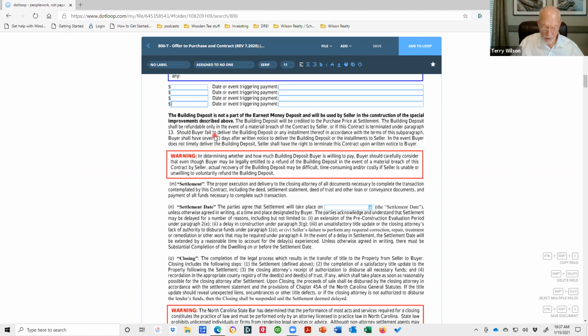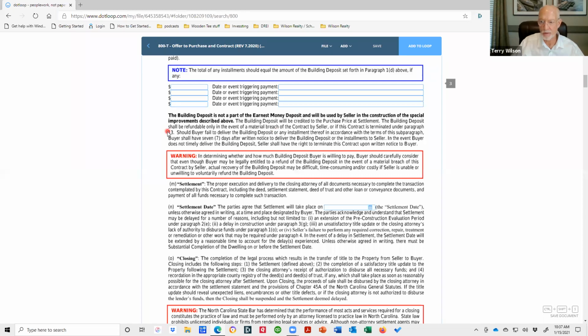Paragraph 13 is discussing the risk of loss. And the risk of loss is on the seller until closing. Closing is deed recordation. So if the house burns down during construction and the buyer decides to walk away, then they get their deposit back.